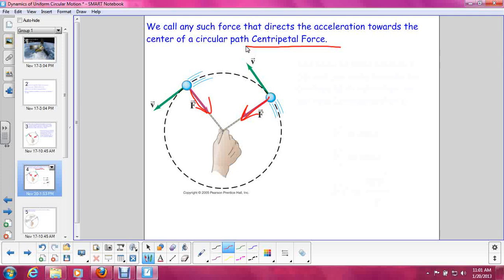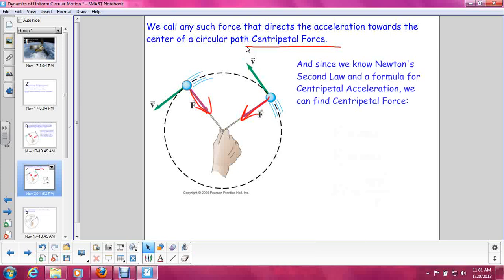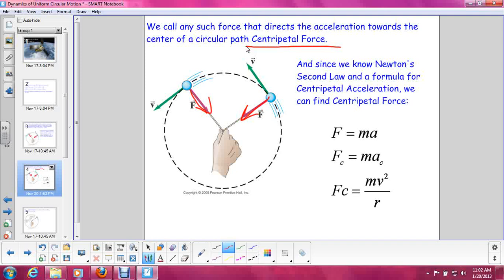And we know from Newton's second law that any force can be calculated by finding mass times acceleration. So we can actually find out what the magnitude of this force is by doing a little calculating. So this is Newton's second law. Force equals mass times acceleration.